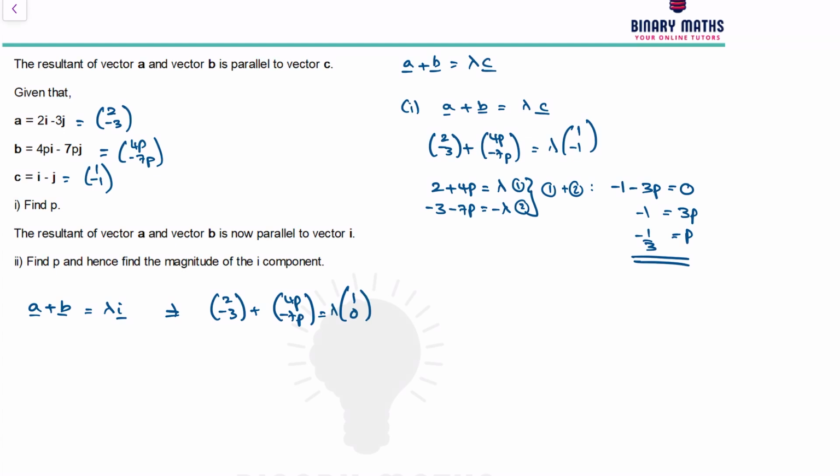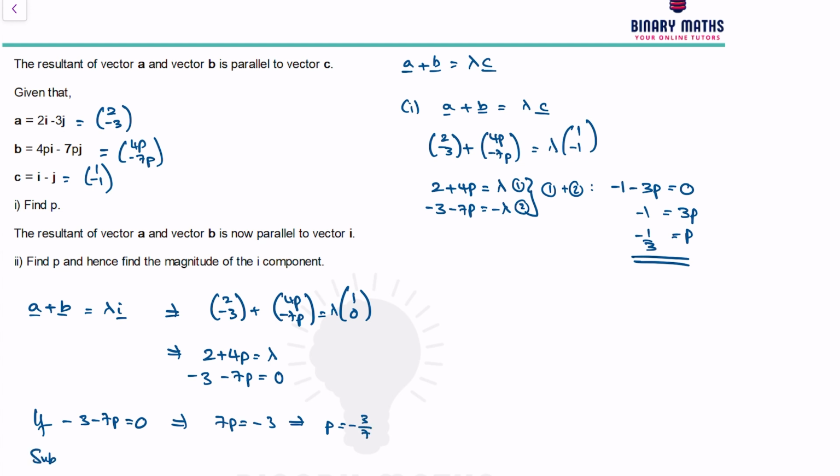Because if it's just lambda times i, it's lambda times i plus 0j. Which means I get the two equations, 2 plus 4p is equal to lambda, and minus 3 minus 7p is equal to 0. So if minus 3 minus 7p is equal to 0, implies 7p is equal to minus 3, which means p is equal to minus 3 over 7.